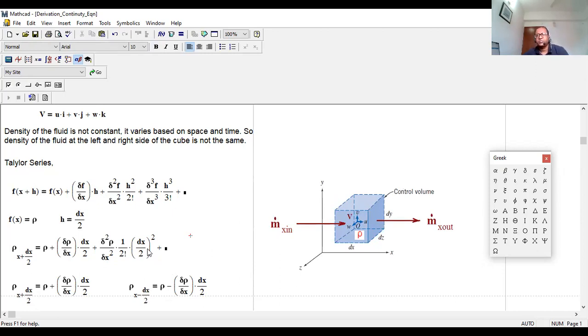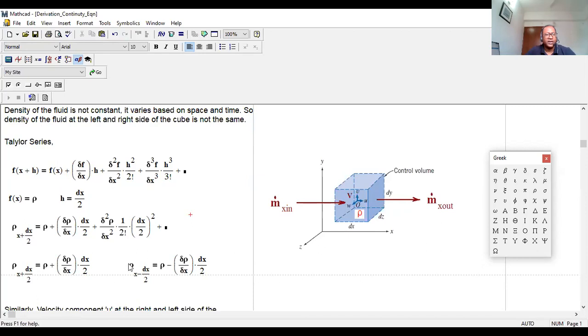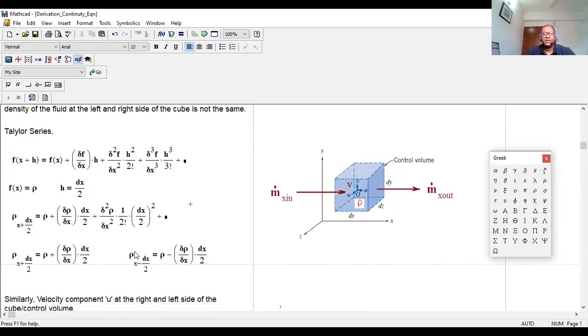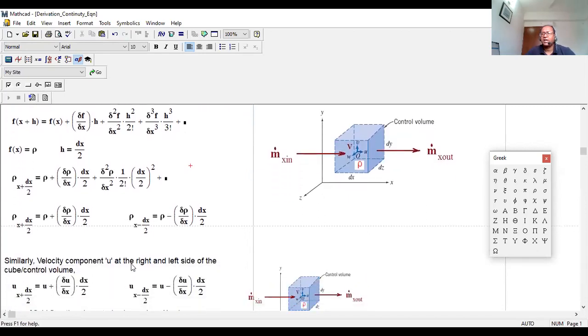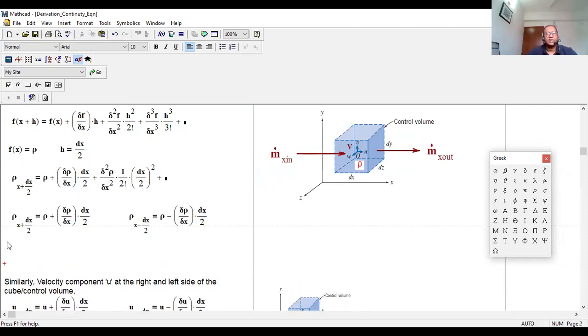You divide by 2, then you square it, and it gets even smaller. So we can neglect it for simplification. Again, that means we are missing some accuracy. How can we justify it? By experiment.